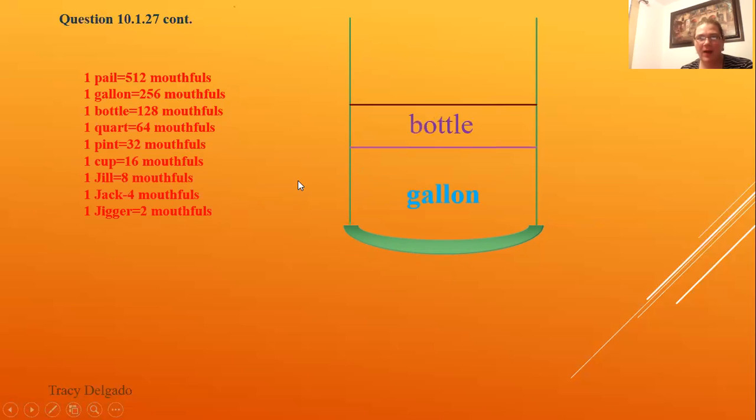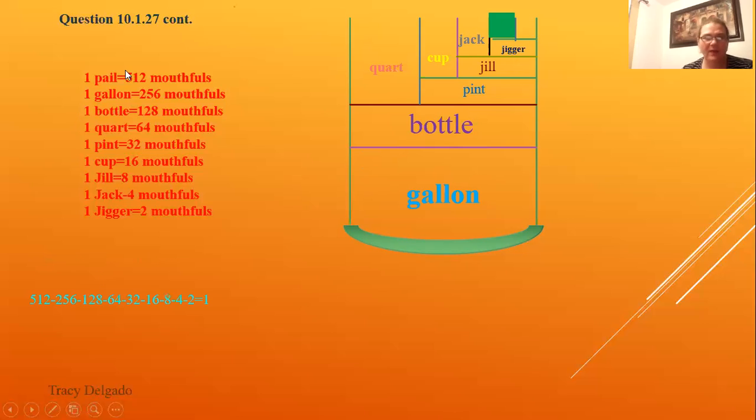And next will be a bottle, quart, pint, cup, a gill, jack, a jigger, and then we have this one little spot right here that we're going to fill in. And when we see that, we see there's 1 spot left open.